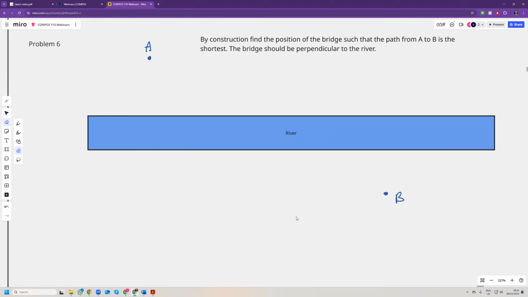The idea is that going from A to B should be the shortest possible path, so it should be a straight line. Of course, you can't go straight because the bridge has to be perpendicular to the river. So let's draw the bridge.